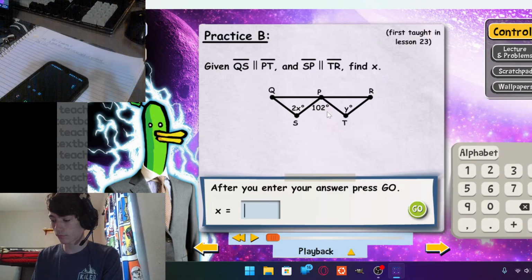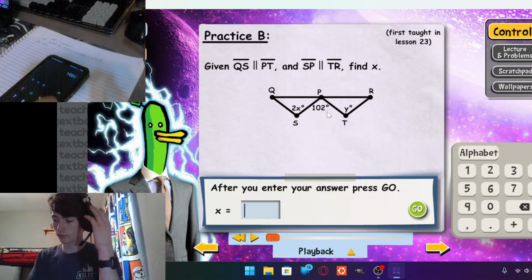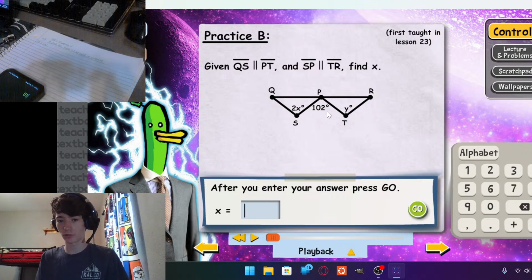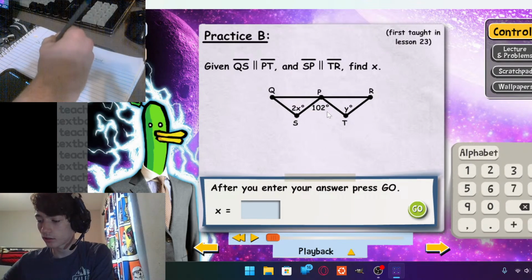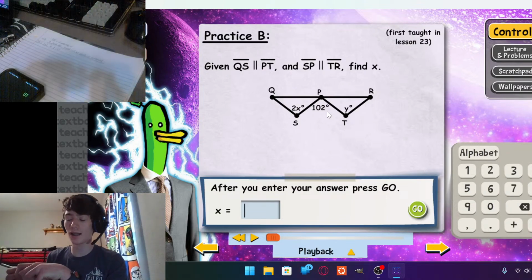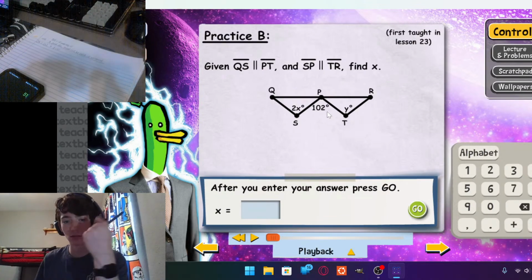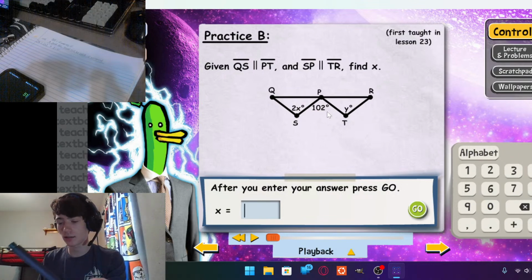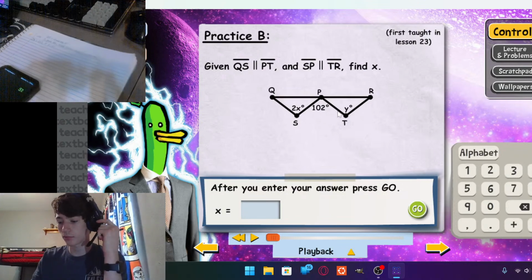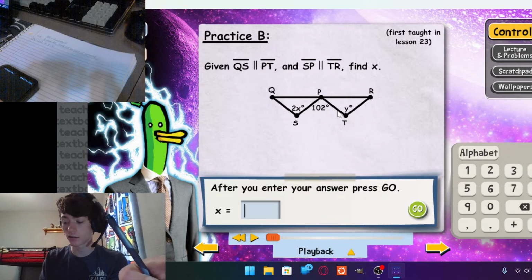So I know that this is gonna be 51 obviously, but I still gotta check because I'm weak. Equals 51. Okay, yeah, 51. So this is gonna be x equals 51, but we're trying to find y though. But I guess these lines right here are supplementary, which means that they're going to add to equal 180.